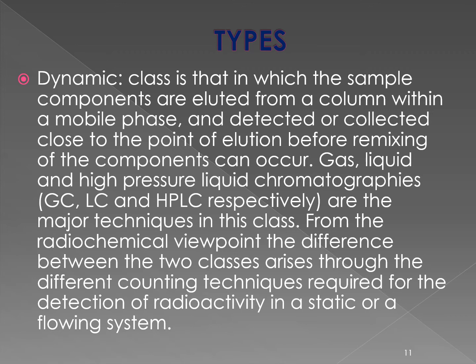Gas, liquid, and high pressure liquid chromatography are the major techniques in this class. From the radiochemical viewpoint, the difference between the two classes arises through the different counting techniques required for the detection of radioactivity in a static or a flowing system.